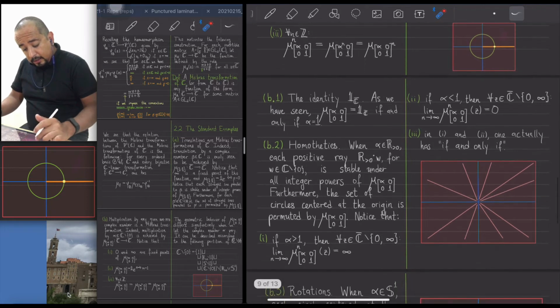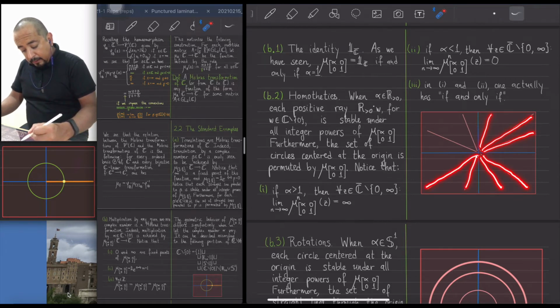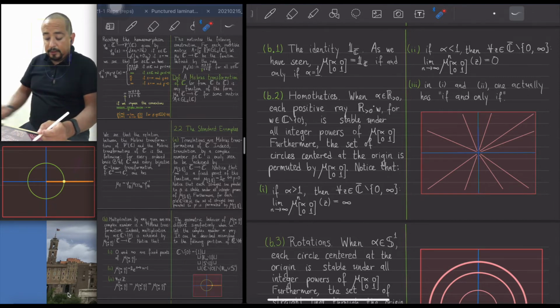And here we can see a nice picture where one sees this family of stable curves, which are these open rays going from 0 to infinity.